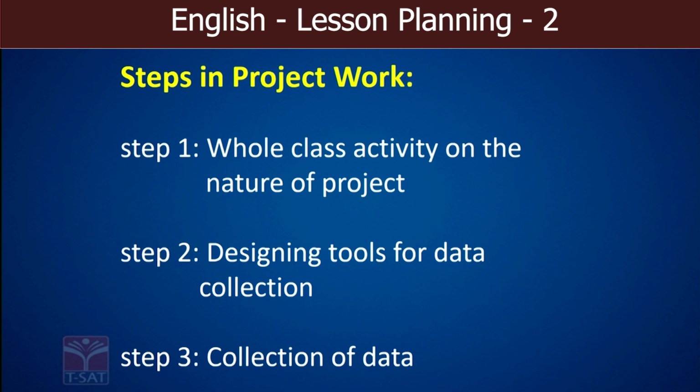Once the tool is ready, the child is involved to collect the data. For example, the tool can be in the form of yes or no questions, or true or false, or interviewing, or a 3-point, 5-point or 7-point scale. Here the options are agree or disagree, strongly agree, disagree, or satisfied, unsatisfied, never. By using these types of words, we can design the tool for data collection.